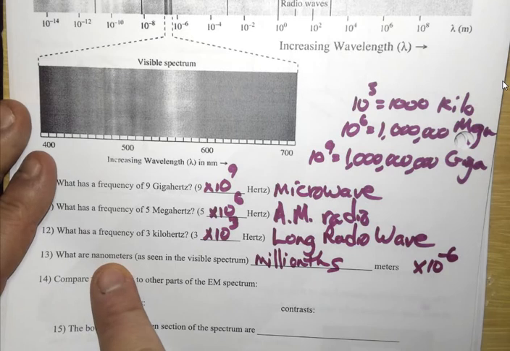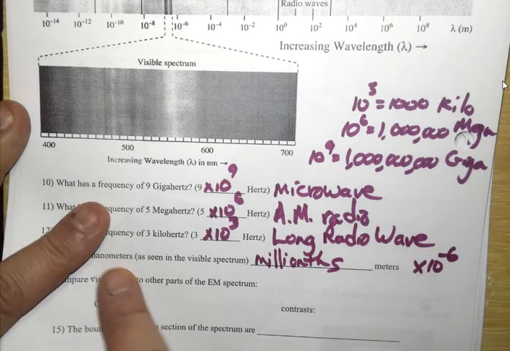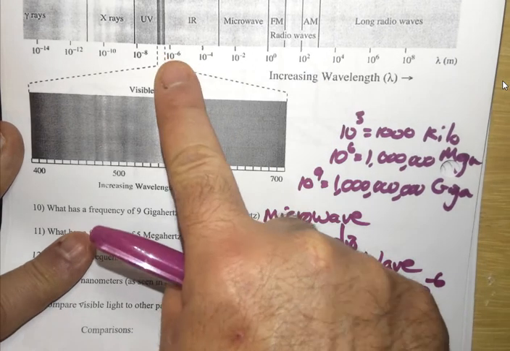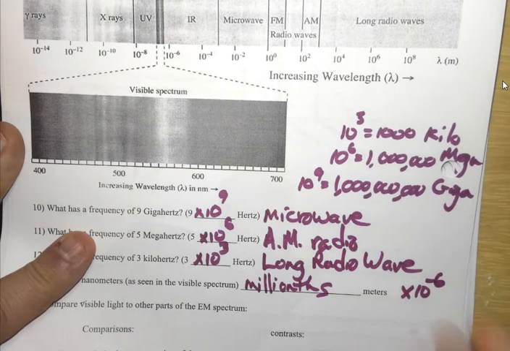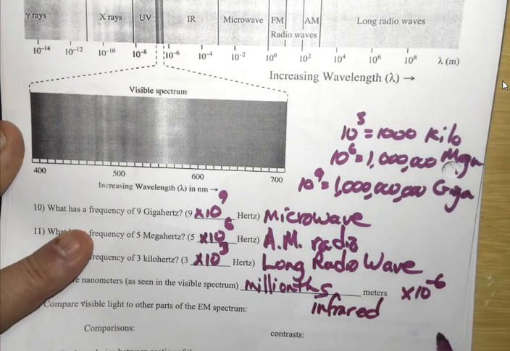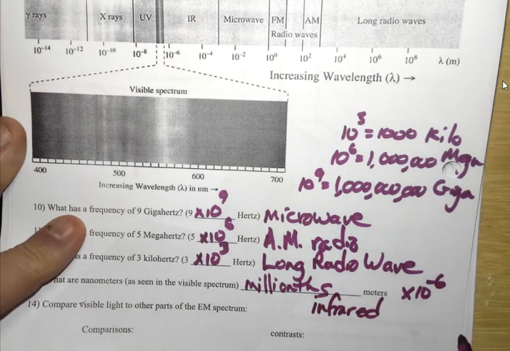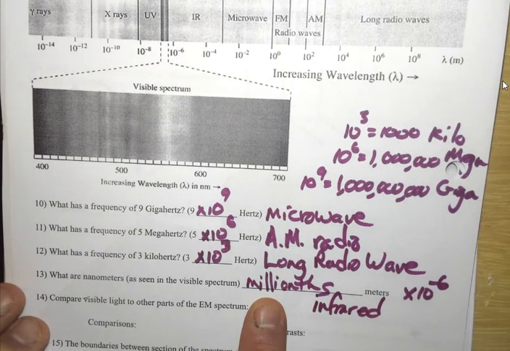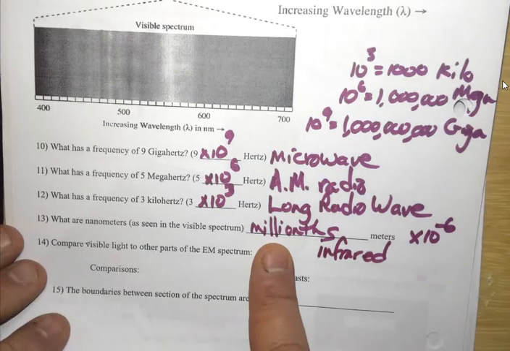Meters, a distance between crests. So that's wavelength. Infrared lights, the heat lamps that are above the fry station at McDonald's, those are producing infrared radiation, which has millionths of a meter between crests.